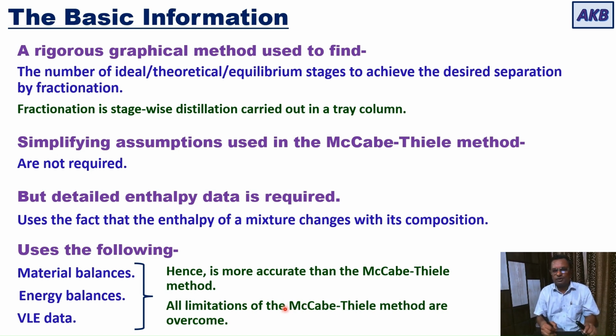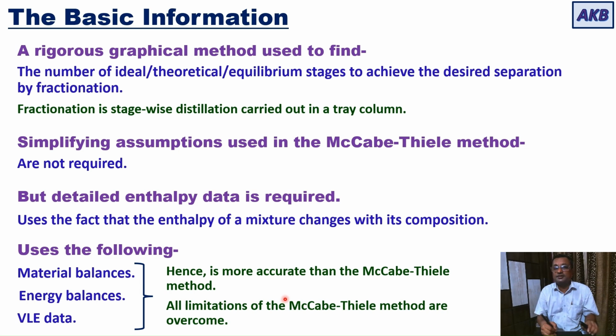So what you have to remember: first, it is a rigorous method, it is a graphical method, it is used to find the number of ideal, equilibrium or theoretical stages in a fractionating column. Simplifying assumptions used in the McCabe-Thiele method are not required in this case.